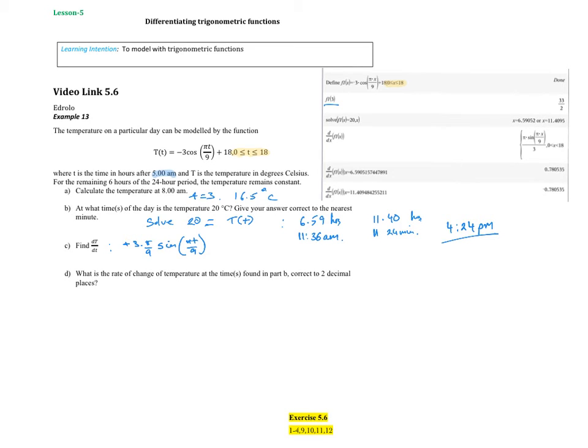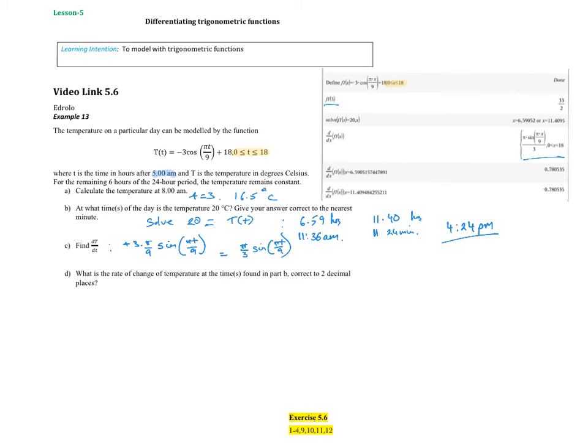So I get a positive there. So that simplifies to pi on 3 sine pi t on 9, which is what we've got over here in our calculator printout. But just notice they've given us the domain that we've defined the function for. So they tack that on the end and say, well, that derivative only applies for that domain because that's what that function is defined for.